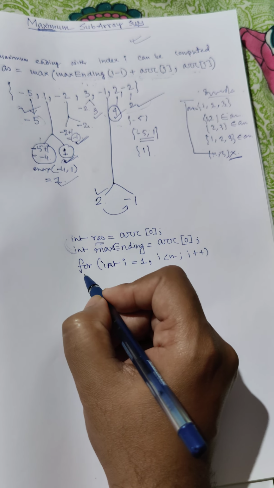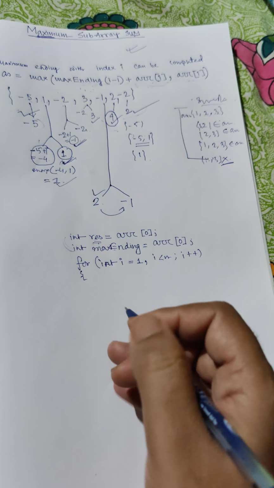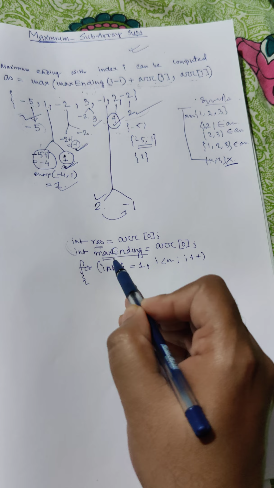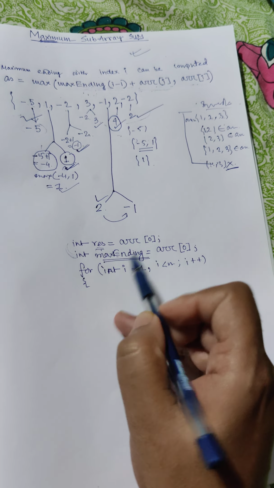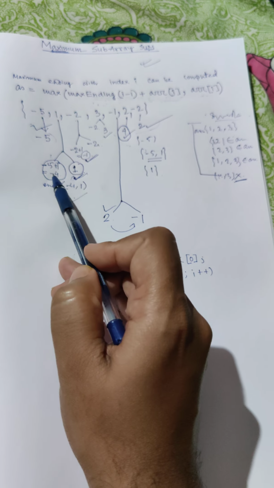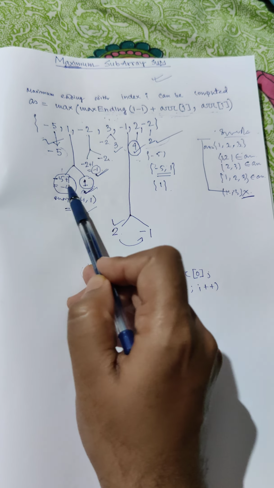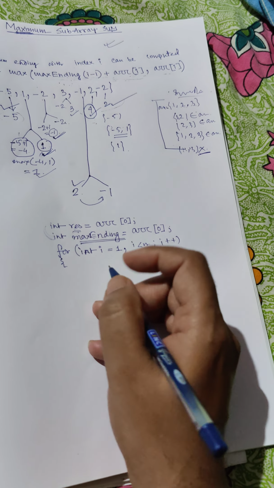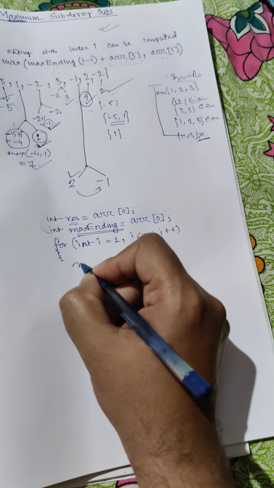Now what exactly will we be doing? We will be defining max ending for every element. As we have seen, for every element we have two choices and we take the maximum of them. So what is going to be the definition?